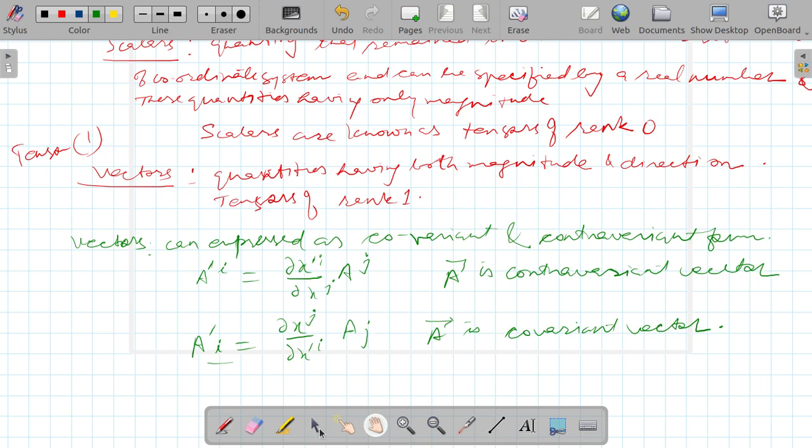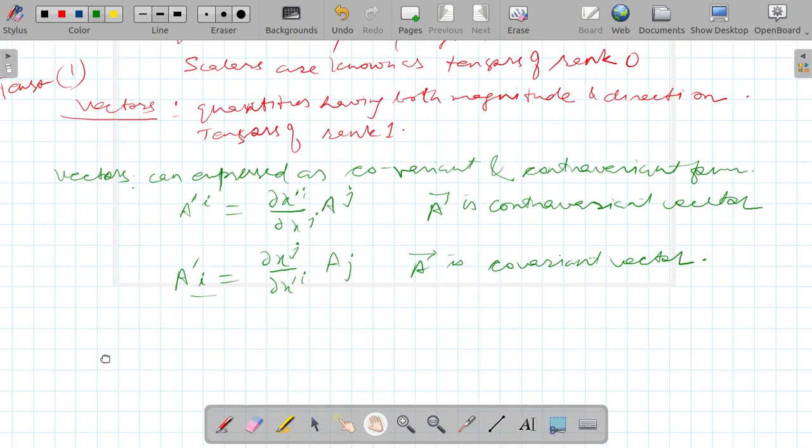So in other words, scalars and vectors are special cases of tensors.